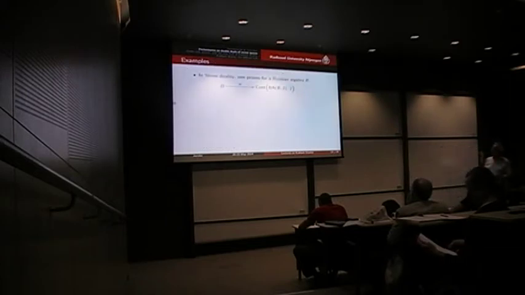And I'll describe two examples. Stone duality, what Prakash described this morning, sends a Boolean algebra into the continuous functions to 2 from the Boolean homomorphisms from B to 2.